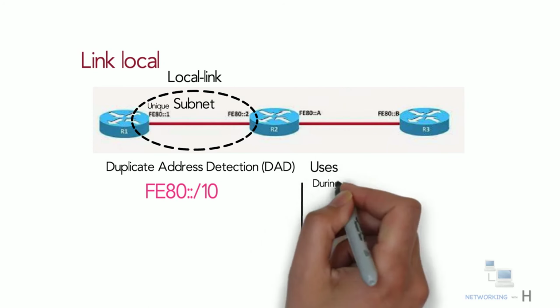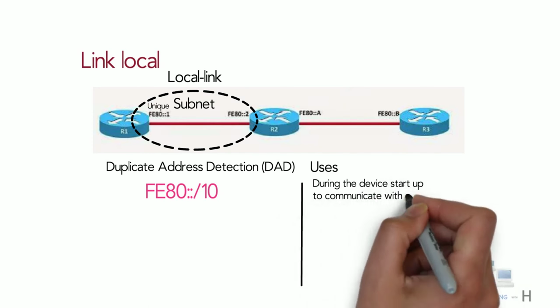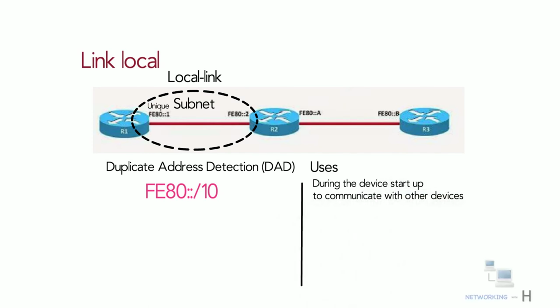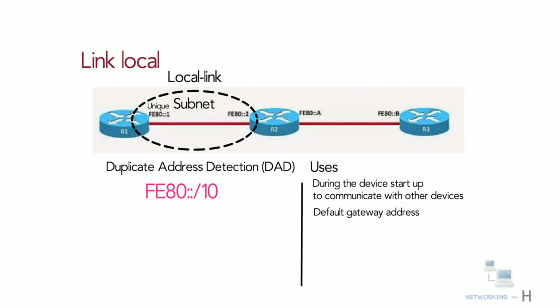When a device starts up, before it obtains a global unicast address, the device uses its IPv6 link local address as its source address to communicate with other devices on the network, including the local router. Devices use the router's link local address as their default gateway address.